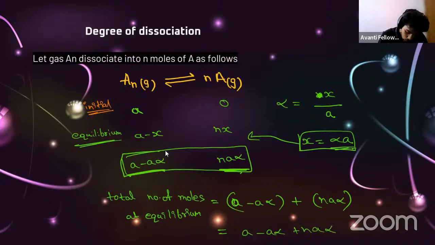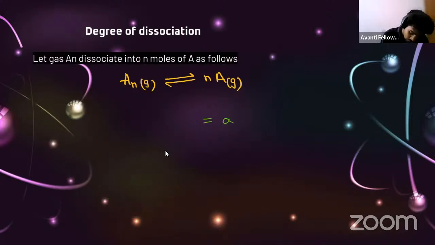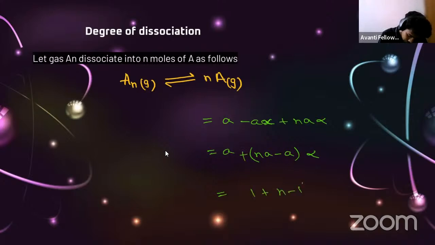Now, take alpha common from this: Na minus A into alpha. Now take A common itself, then you can write it as A into 1 plus N minus 1 into alpha. We have taken A common, right? This is nothing but A value.